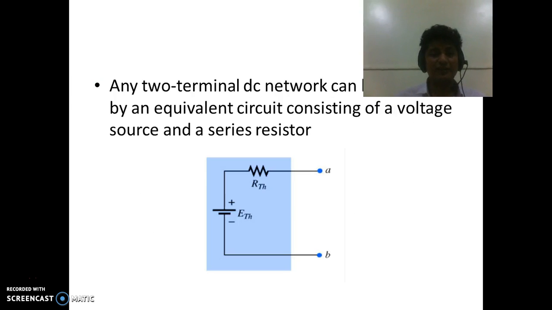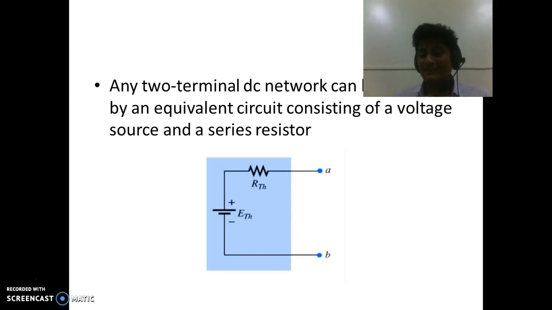Similarly, we have Thevenin's theorem. When we have a circuit with multiple sources and multiple passive elements, that entire network will be replaced by one voltage source in series with a resistance. The voltage source is calculated by removing the load, and it is the voltage seen from the load terminal.